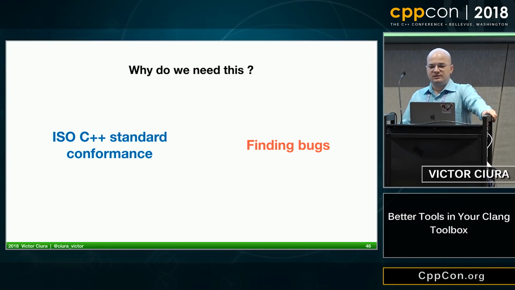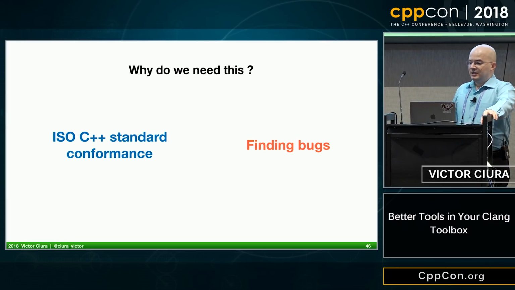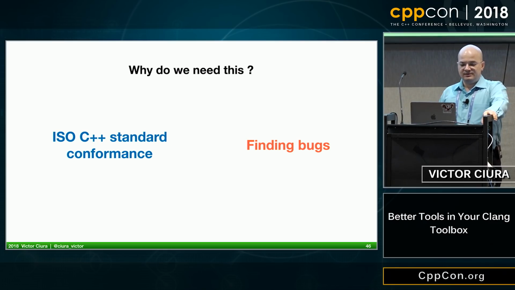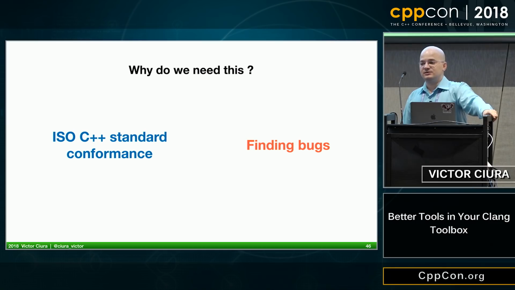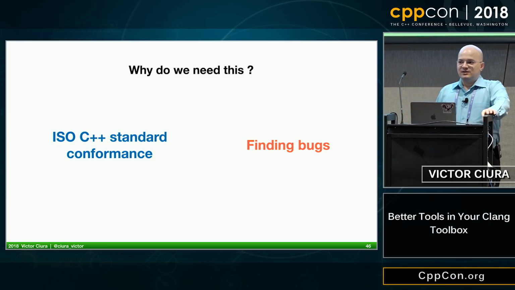So you do want ISO standard C++ conformance, just for the sake of being future-proof and not have any surprises when your compiler gets updated. The other thing is you want to find bugs and subtle things that you've been ignoring for years. I know I've seen some ignored warnings in my code base.